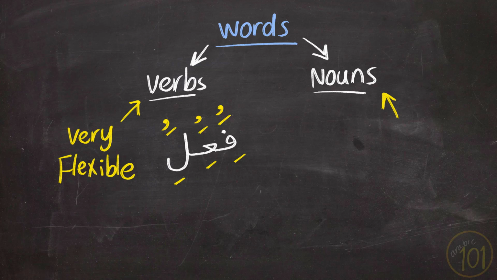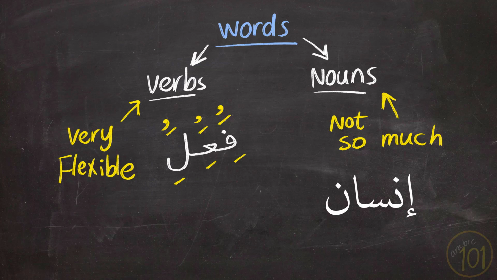But with nouns, that issue is much less common. It is still there, but not as much. So there are a lot of words that have one variation or one dominant variation that is being used most commonly. So words like إنسان, أرض, كهف, شمس, and so on.